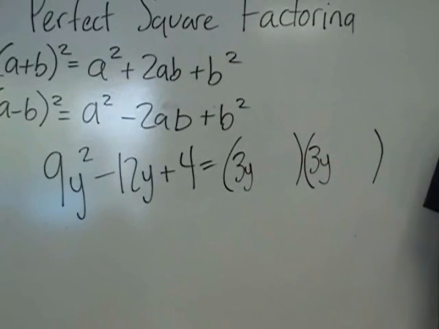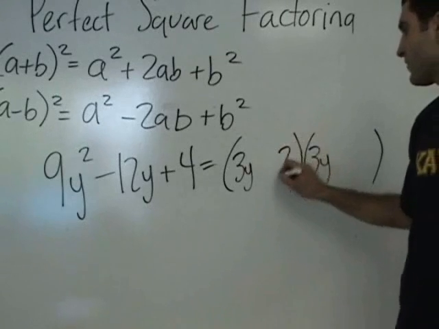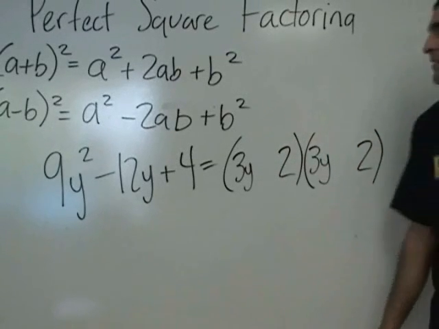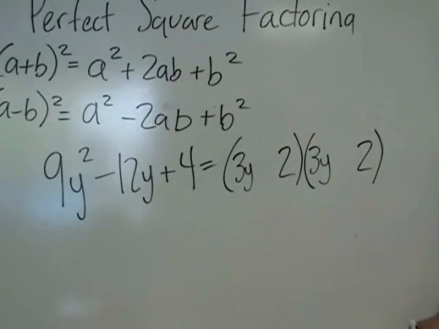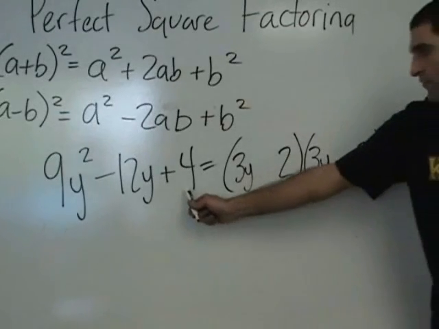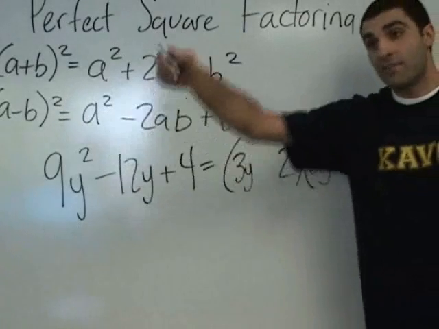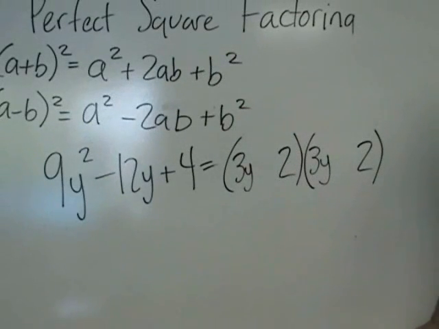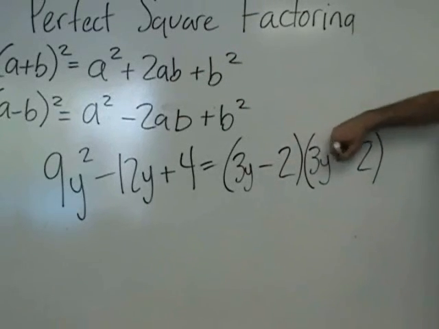So, suggestions on the 4? 2 and 2. Suggestions on the signs, so that you multiply to make positive 4 and add to make negative 12? It would be subtraction on both. All right, subtraction on both.